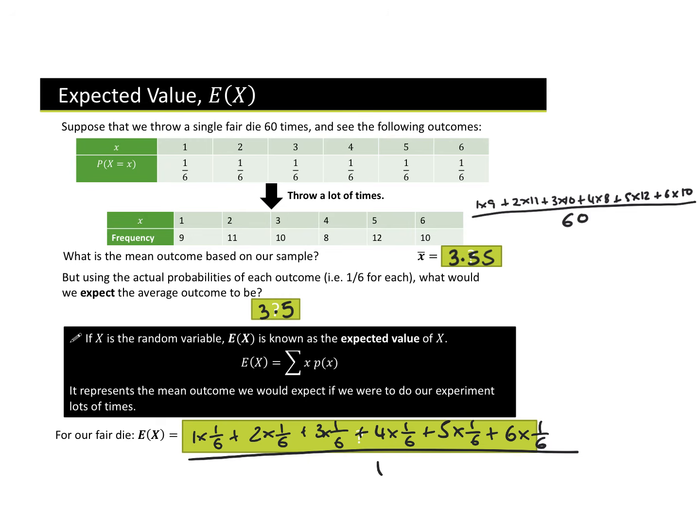So we don't need to divide it by 1, but that's how we would normally work out the mean. So the formula is the sum of our x multiplied by the probability of x is what our expected value is equal to. Just to clarify, we would expect it to be about 3.5 because it's in the middle of 1 and 6. But we have an actual formula to use.